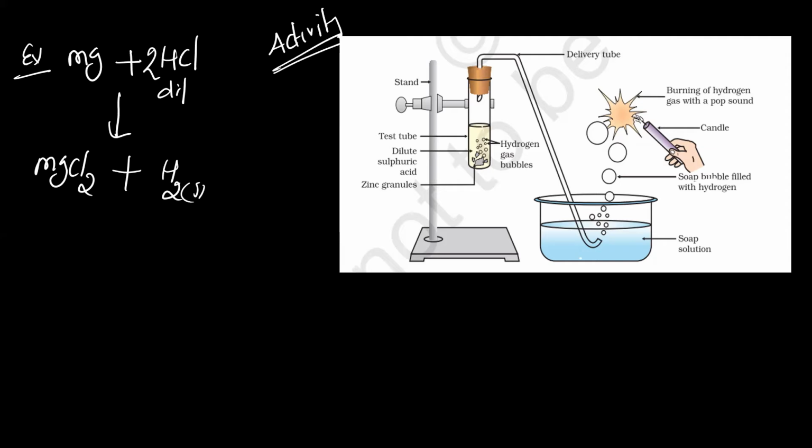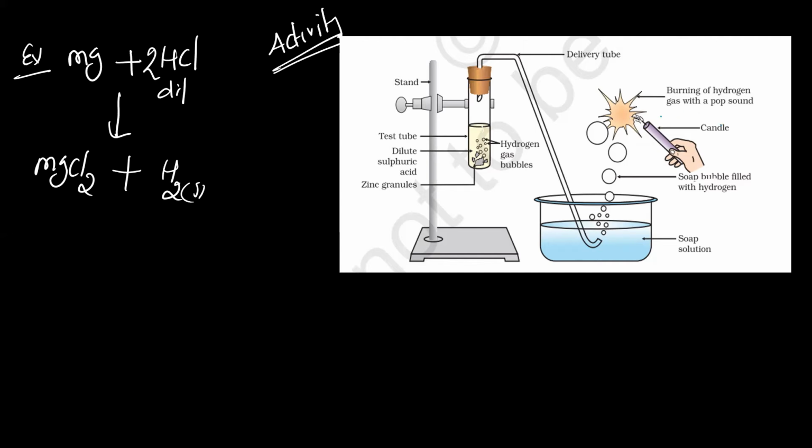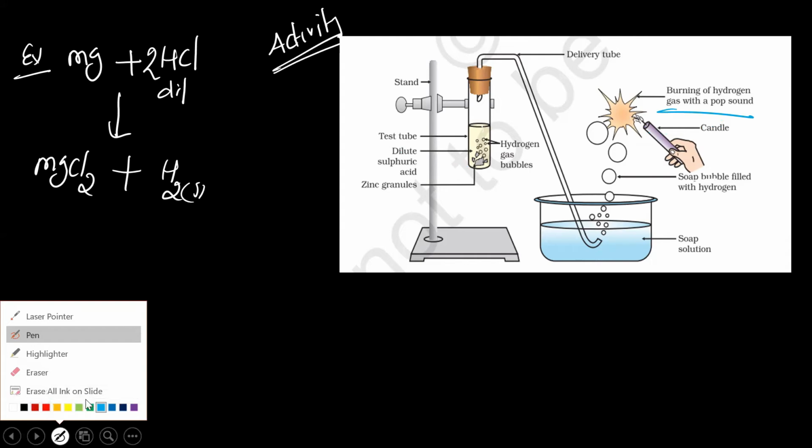When you bring the burning candle near to those bubbles, it will produce the pop sound. Same thing. Either this way, or directly we can bring the burning candle near to the test tube to detect the hydrogen gas. We can write many more examples of reactions between metal and acid.